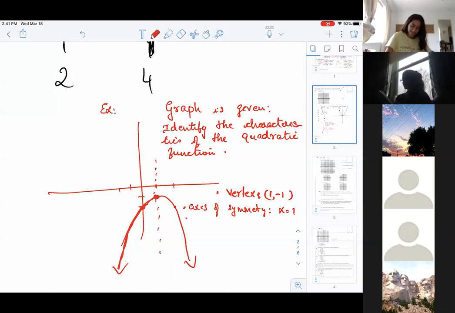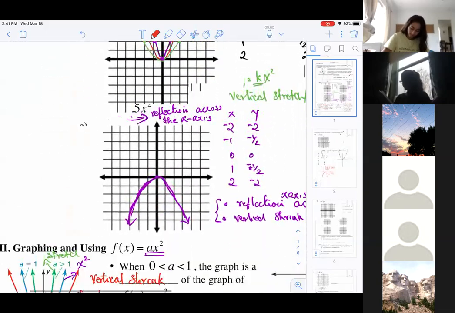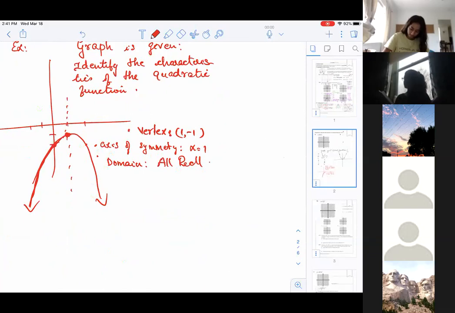Next thing is you have to tell me the domain. All real numbers. Correct. Range.